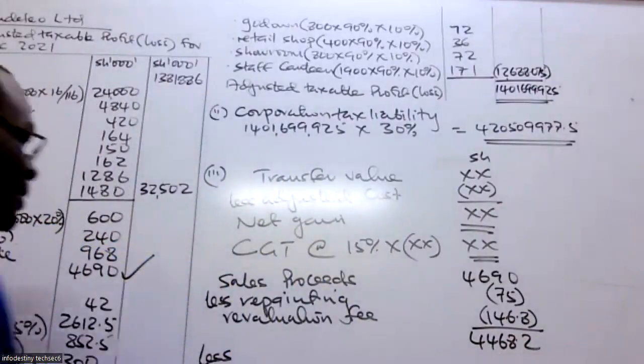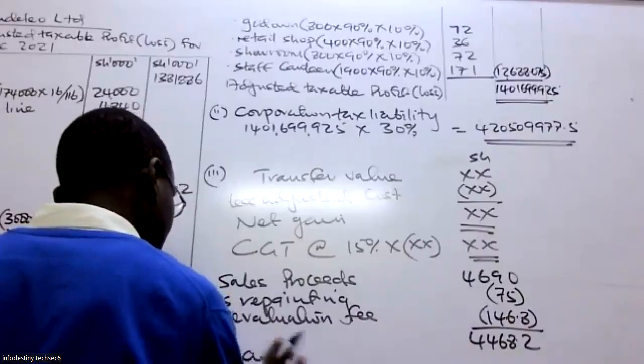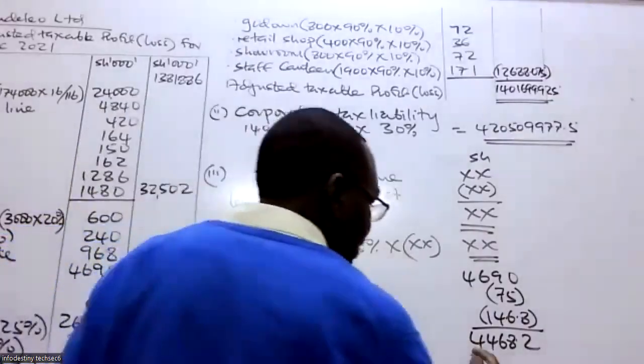Then we lessen what would be our adjusted cost, but the cost does not need to be adjusted, it's simply 2.8. It does not have any incidental costs. We deduct here 2.8.